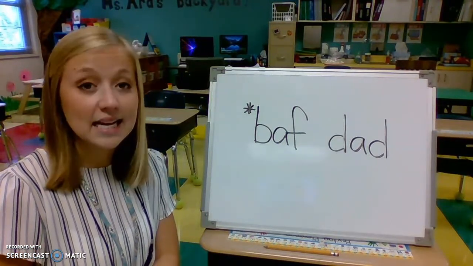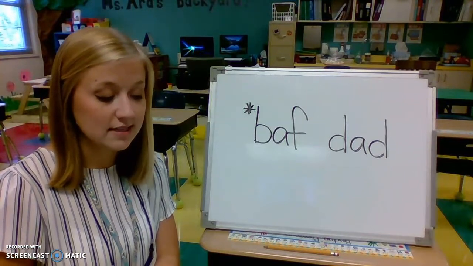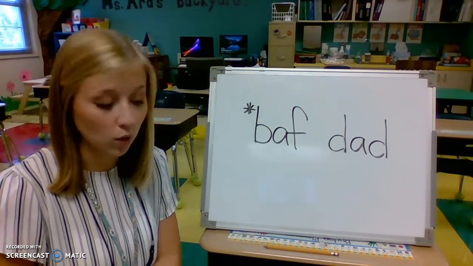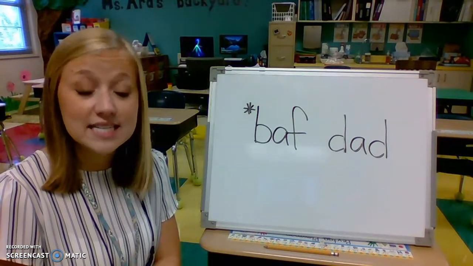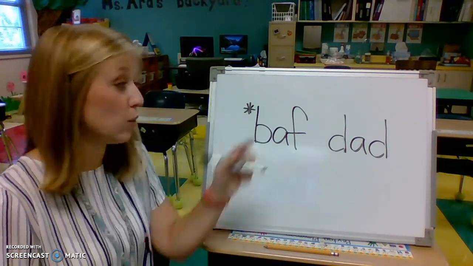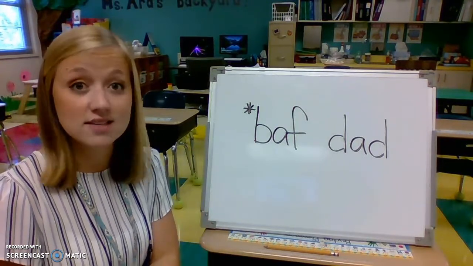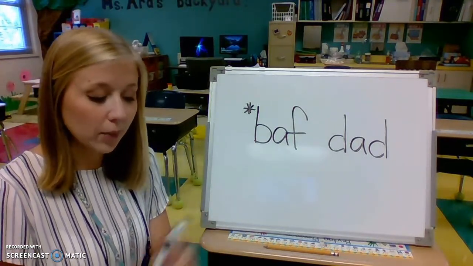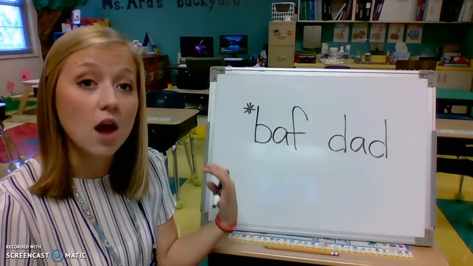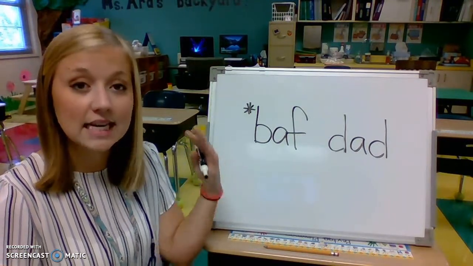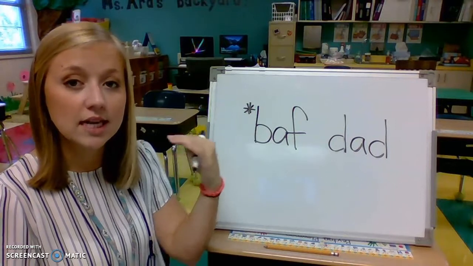So I'm going to dictate each nonsense word the same way that I dictate real words. The only difference is that I'm going to tell you that it's a nonsense word so that you can put your star in front of it so that I know you know this isn't a real word. For example, I'm going to say, write the nonsense word D-A-G.